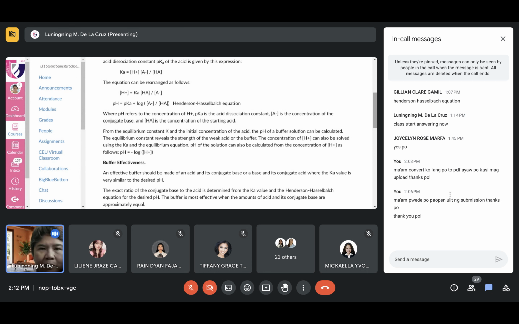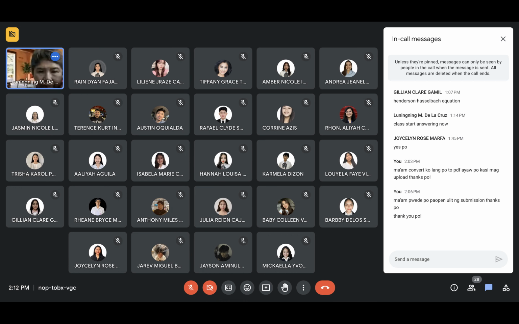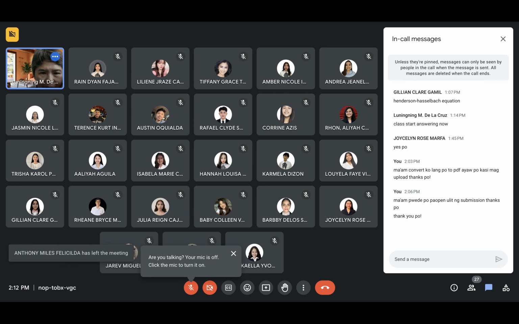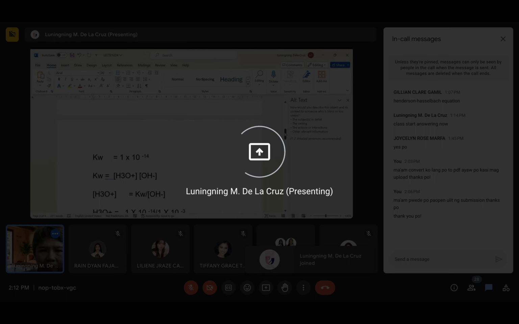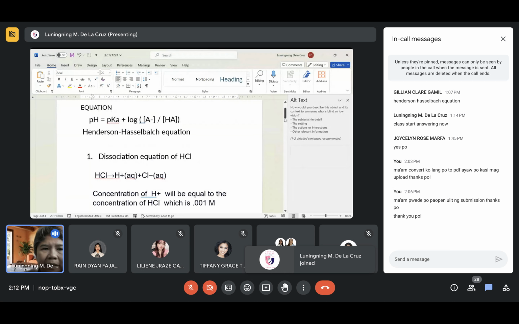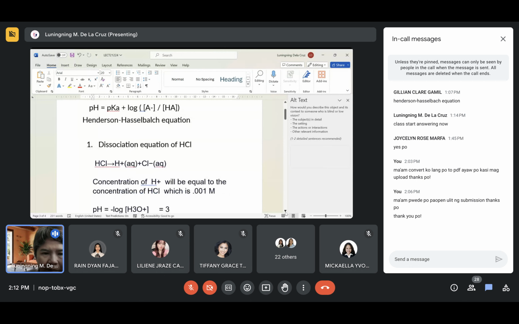Okay, so allow me to share my screen. For number 1, class, we are asked for the pH of hydrochloric acid with a concentration of 0.001 molar.